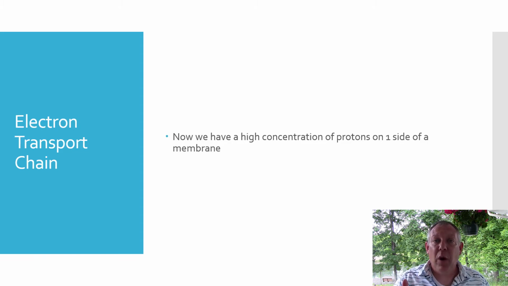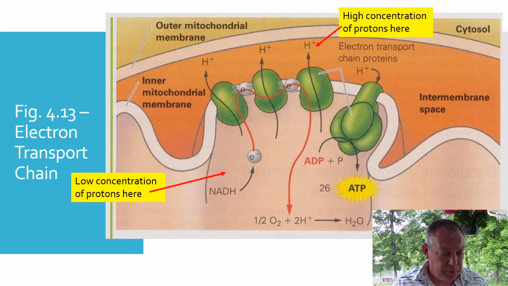Here's an example of where diffusion is used to drive a cellular process. So you've got a high concentration of protons in the inner membrane space. To get more protons in there, it's not going to happen spontaneously. We had to use energy, but we just did use energy. We got the energy from this enzyme to pump those protons. There's low concentration of protons in the middle part of the mitochondrion.